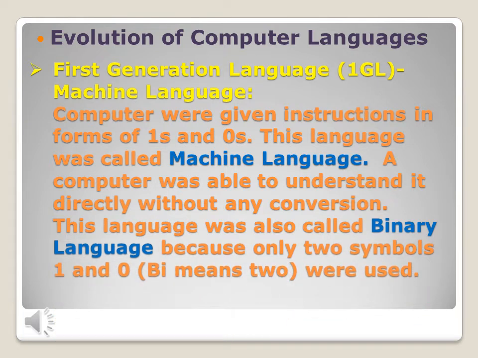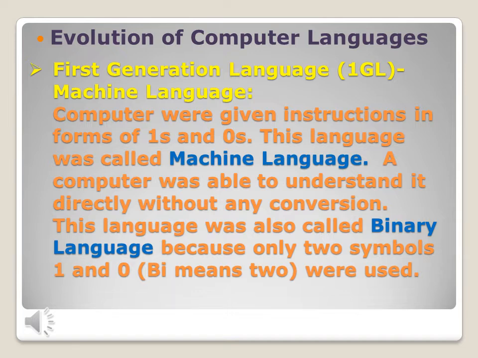Now we'll see how computer languages evolved. The first generation language is also known as machine language. Computers were given instructions in the form of ones and zeros. That means a computer only understands the combination of zeros and ones, which is known as machine language.